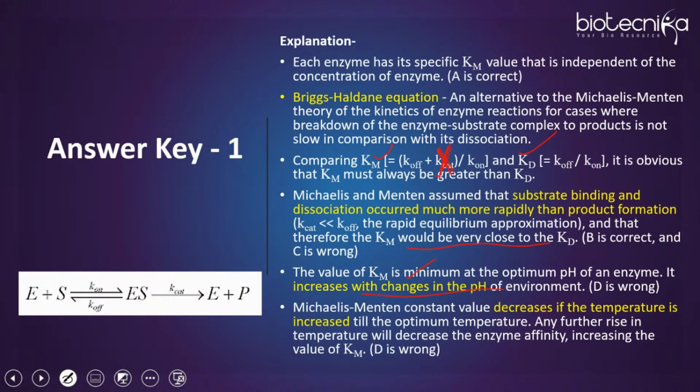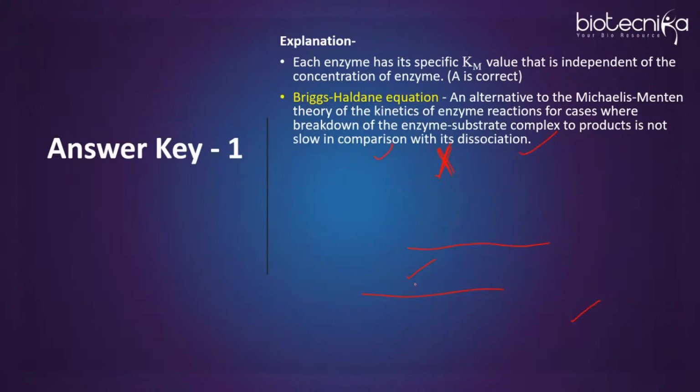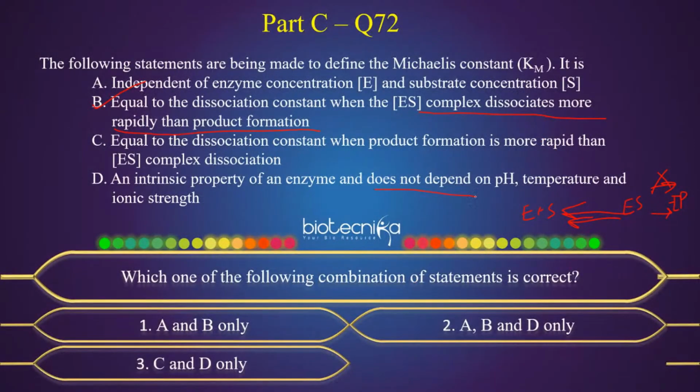Any further rise in temperature will decrease the enzyme activity. So as you see here, it definitely takes into account temperature and pH. Since this statement says it does not depend on pH, this is also wrong, right? So the correct answer is A and B. Option 1 is the right answer.